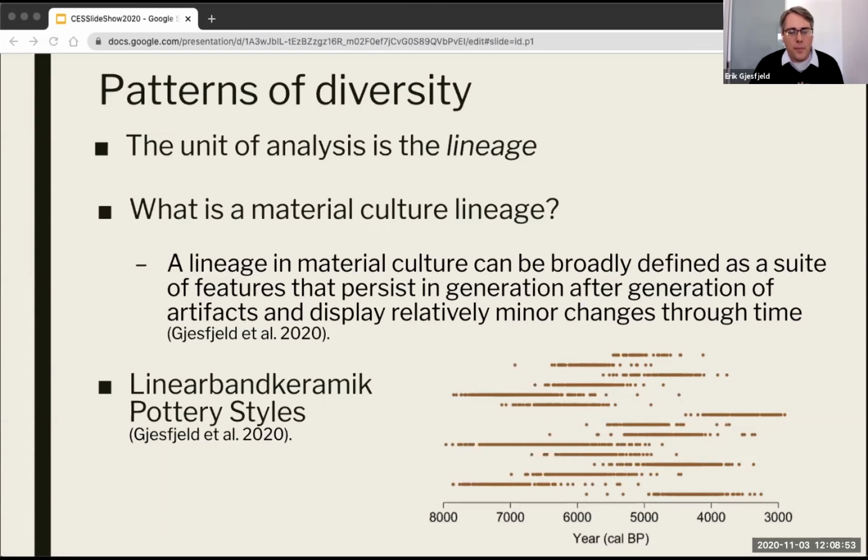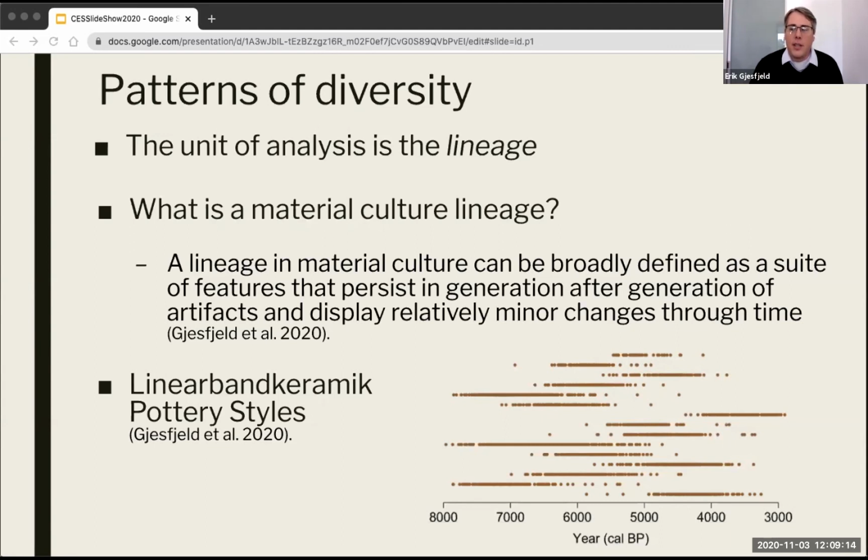For example, in a recent paper that my colleagues and I did, we looked at pottery styles from the Linear Bandkeramik culture of the Middle Neolithic in Central Europe. This has been a data set that has been used by a number of evolutionary-oriented archaeologists. For each of these, our lineage was a pottery style.